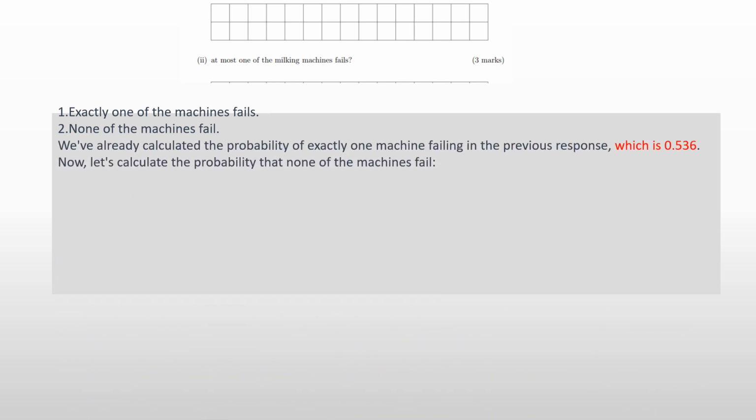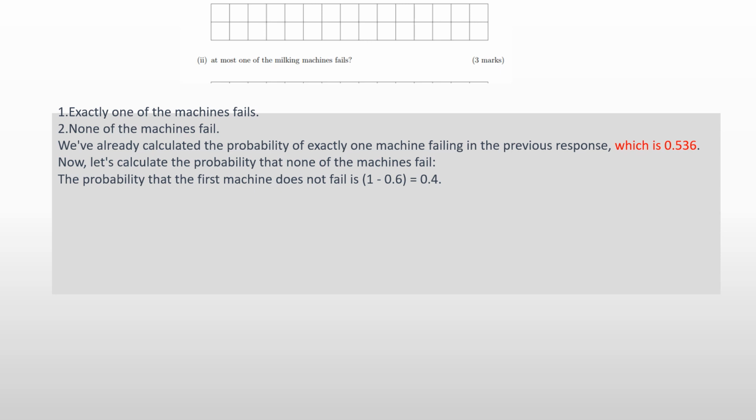So we already calculated, like I said, the probability of exactly one of them failing. In the previous question, we found 0.536. And now we just have to find exactly none of them failing. So none machine failing means A has to pass, B has to pass, and C has to pass at the same time. So I have to multiply those probabilities of A passing times B passing times C passing, and that'll be the chances that none of them fail, right?